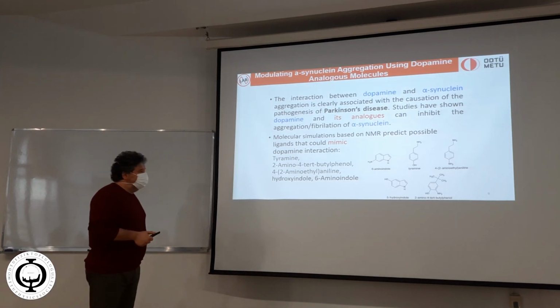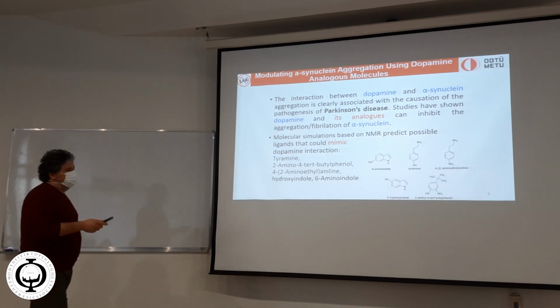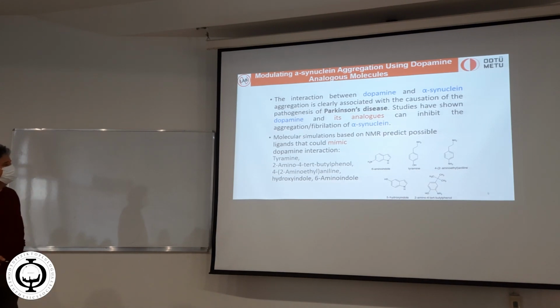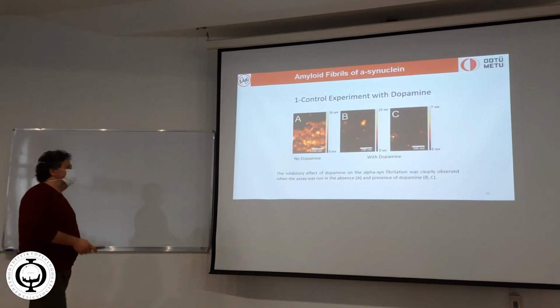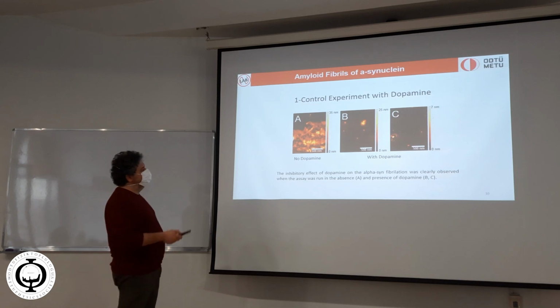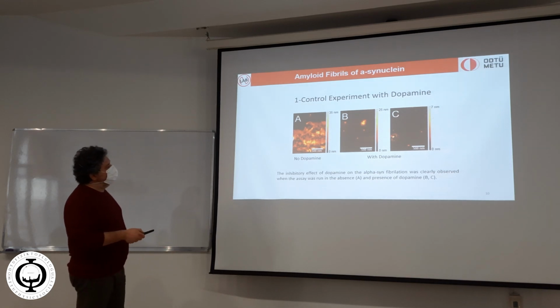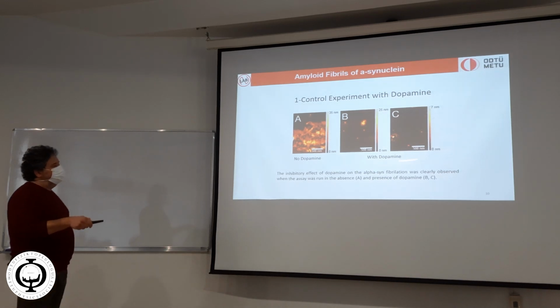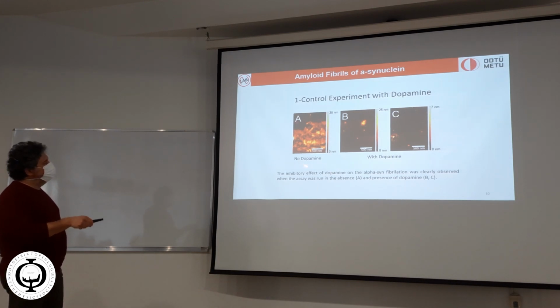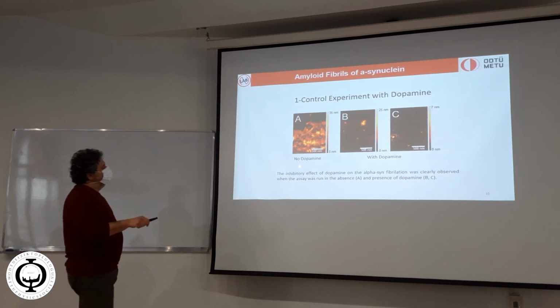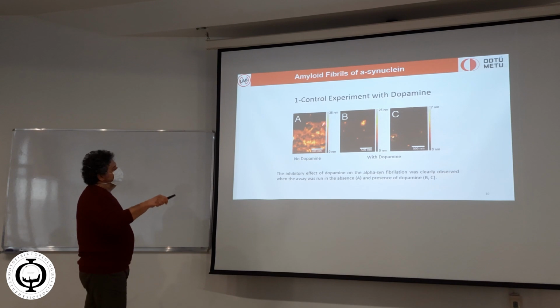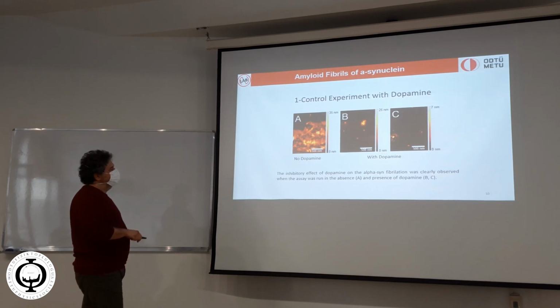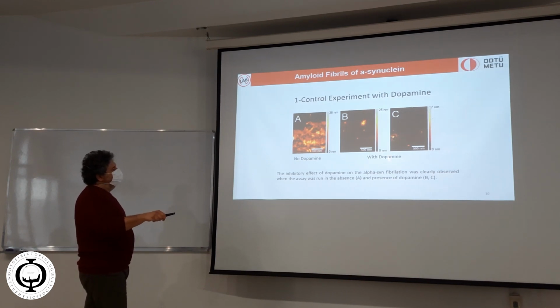But for this study, we just picked 5 and we went ahead. We checked by introducing these molecules if we could end up with the same effect as the dopamine. So you see, alpha-synuclein protein generates fibrils, pretty much like the prion protein. But when you add the dopamine, you only get oligomers.